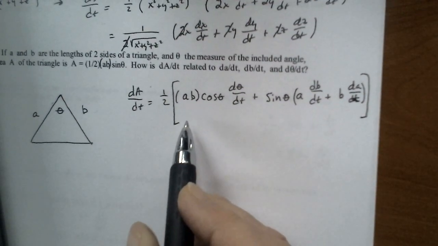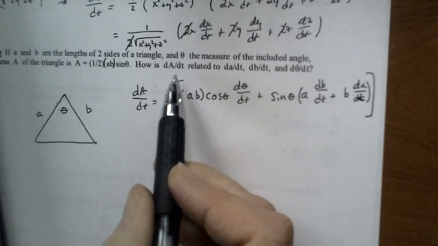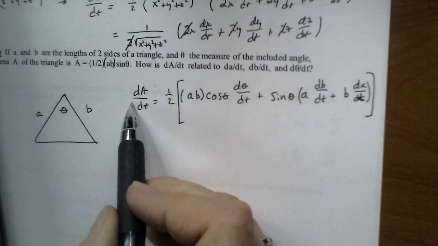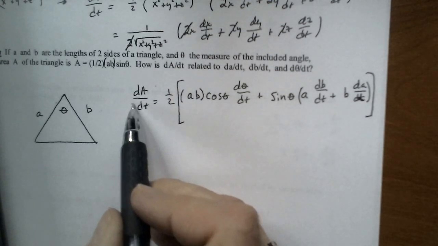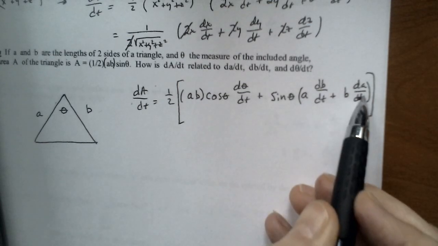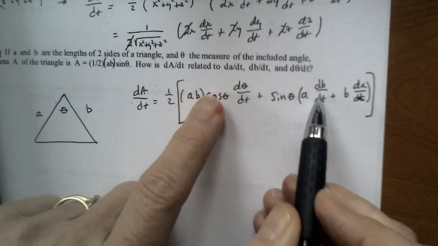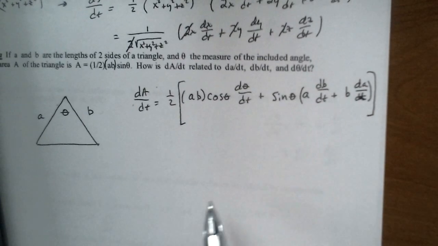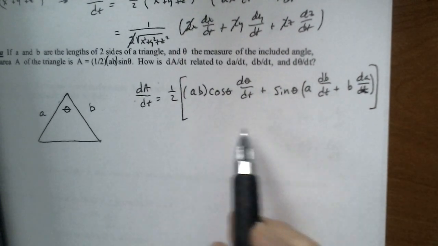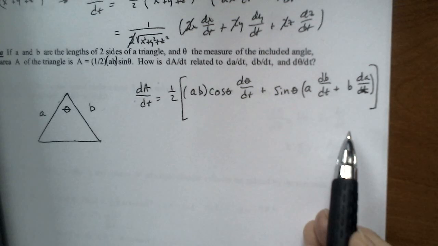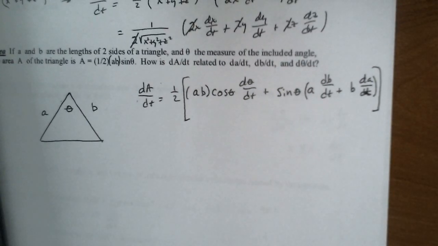And that's about all we can do with this. So this is how dA/dt is related to dA/dt, which is here, dB/dt, which is here, and d theta/dt, which is here. So that would pretty much be the end of this. I can't see how this could be simplified at all. So that would be the end of that problem.